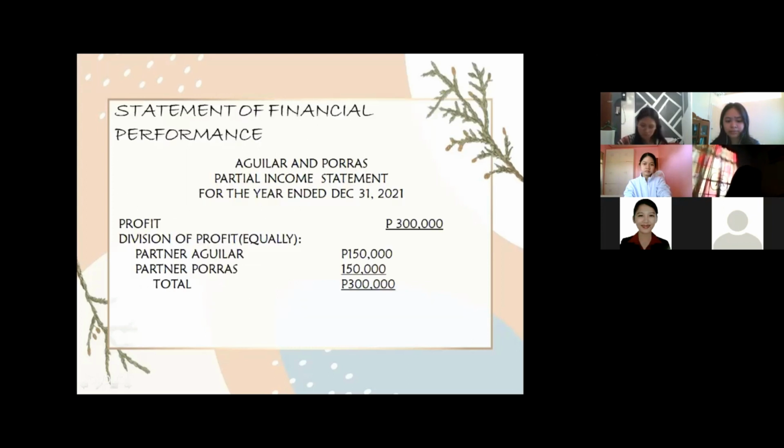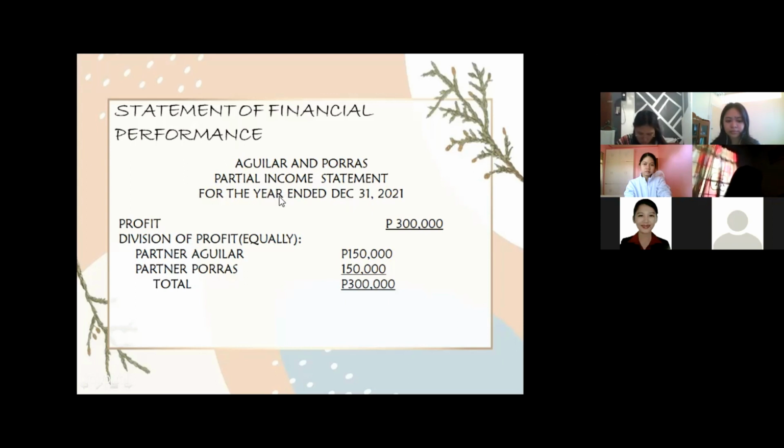Ayun, so statement of financial performance na tayo. So, ang nilalaman ng income statement ng partnership ay katulad ng income statement ng sole proprietorship, maliban doon sa presentation ng division of profit or losses na makikita sa lower part.